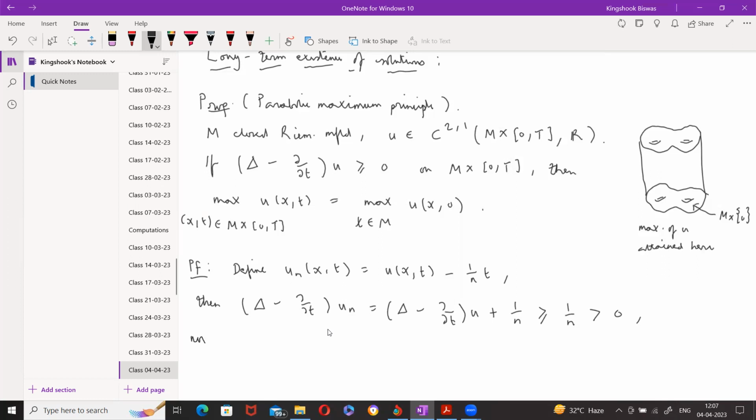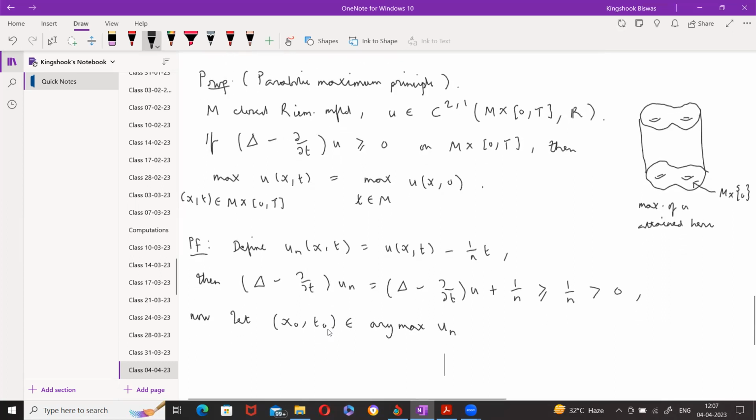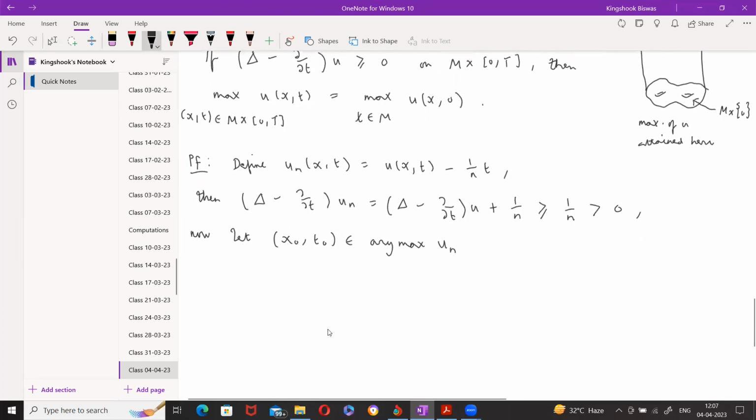Now you let (x_0, t_0) be a point where u_n attains its maximum. So the set of maxima I'll write as argmax. Let me call it (x_n, t_n).